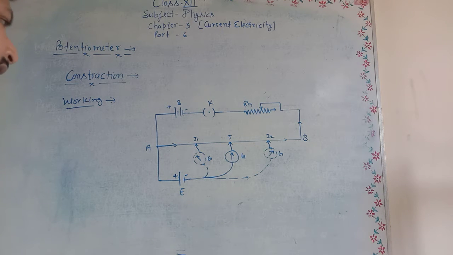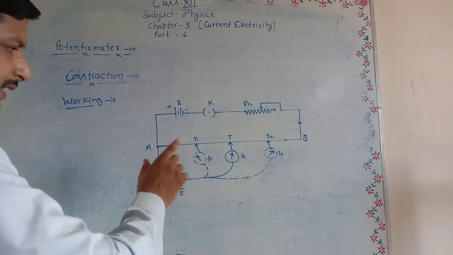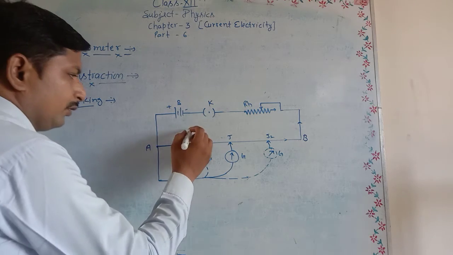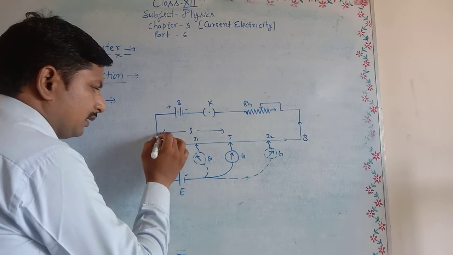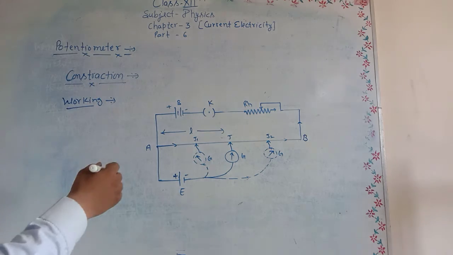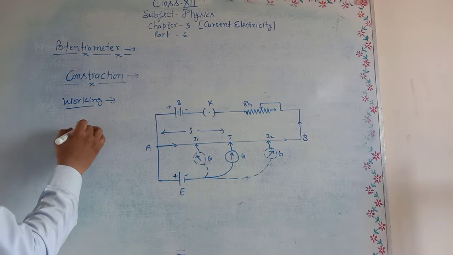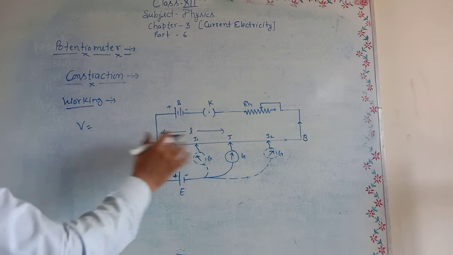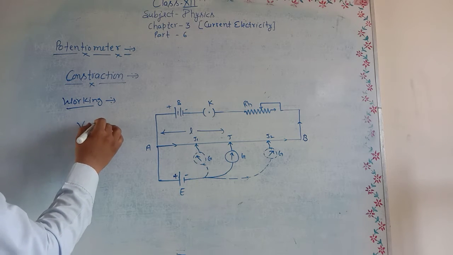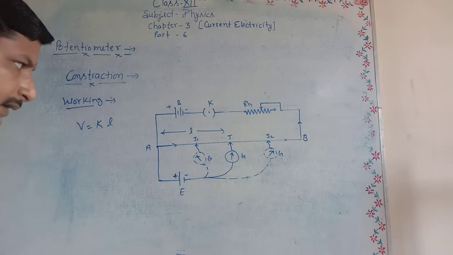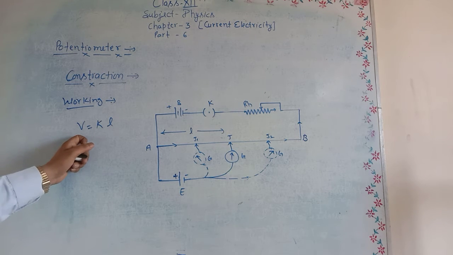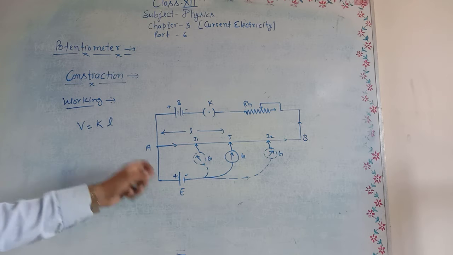So dear student, if L is the length of the part AJ, then the potential difference of the part AJ between the ends A and J is equal to KL, which is equal to the EMF of the cell.